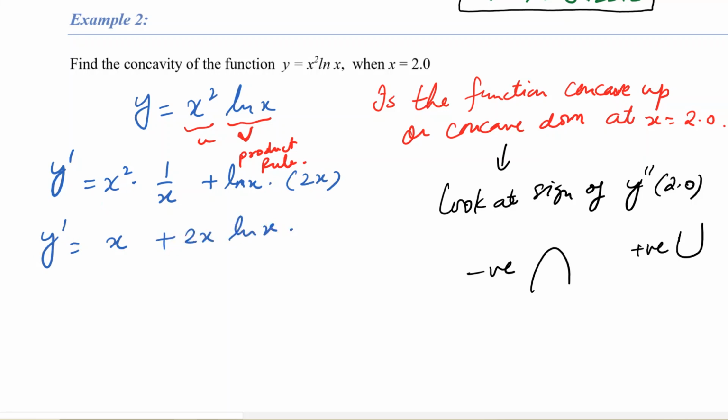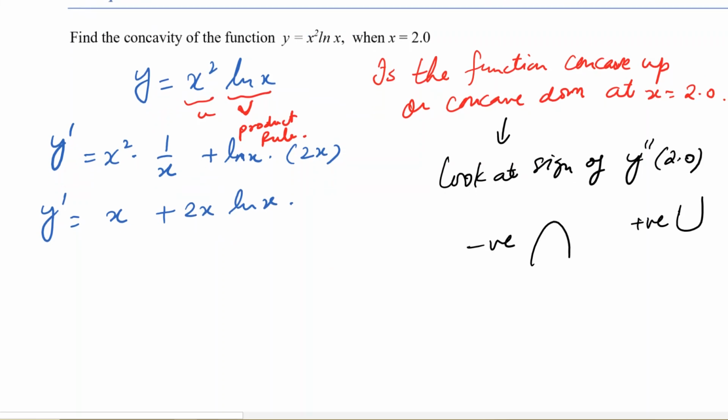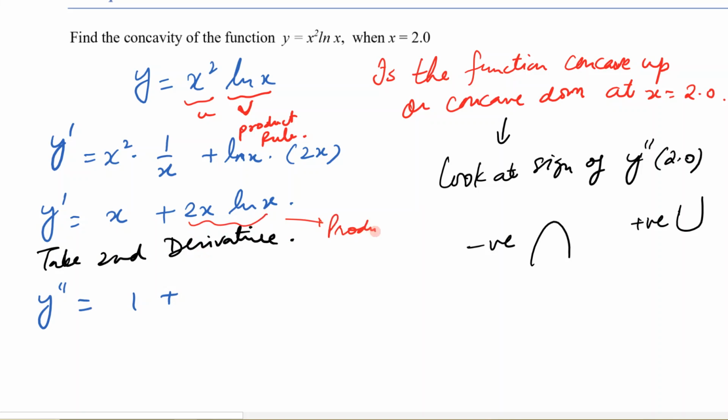But since we are interested in the second derivative, let's take the derivative again. So the second derivative is equal to: the derivative of x is 1. And for 2x times ln x, again we're going to use our product rule. So 2x as it is, the derivative of ln x is 1 over x, plus ln x as it is, the derivative of 2x is 2.